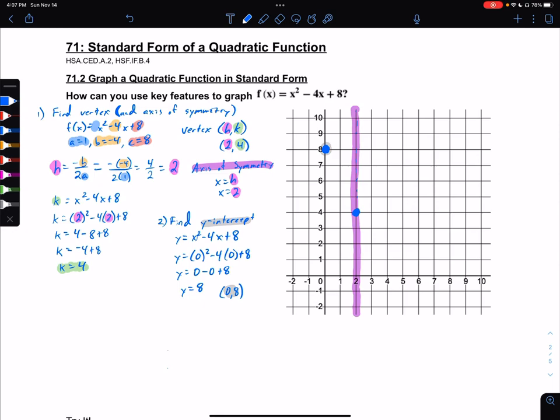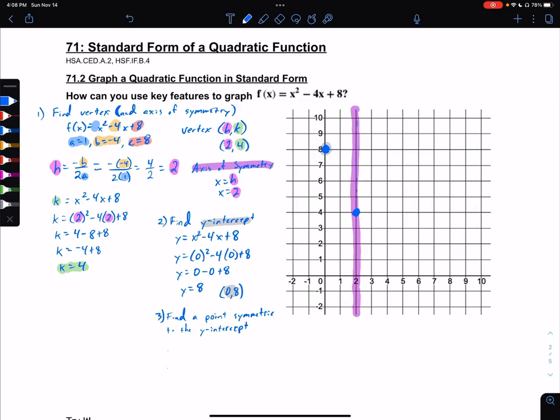So the third thing that we can do is find a point that is symmetric to the y-intercept. What does that mean? All that means is they're going to be in line with one another.